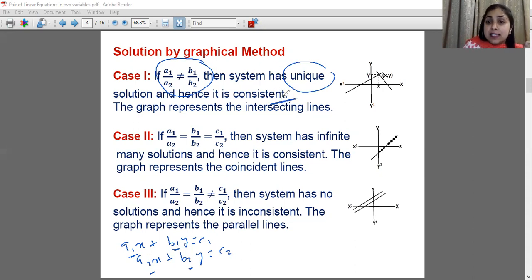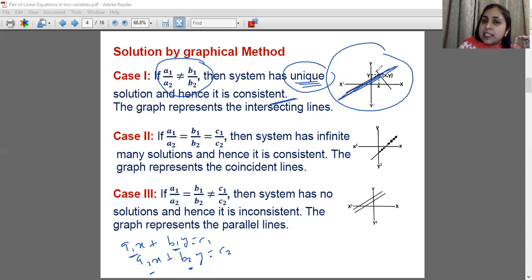And if the system is consistent and it has a unique solution, it means on plotting on a graph, let's say this is the graph for a1x plus b1y is c1 and this is the graph for a2x plus b2y is c2, you can easily see that the lines are intersecting. The graph always represents intersecting lines.